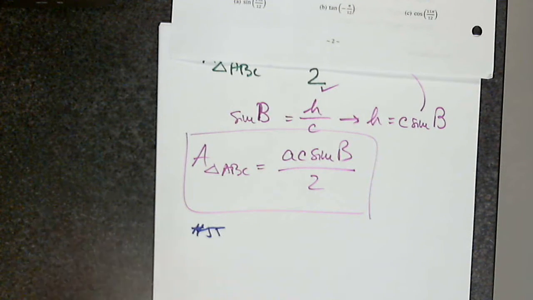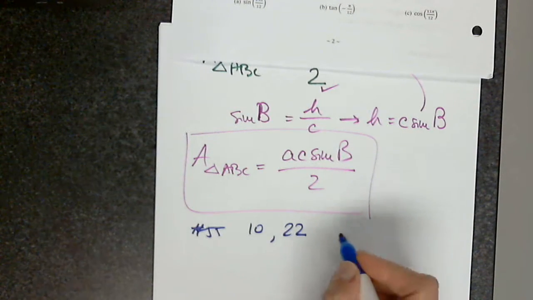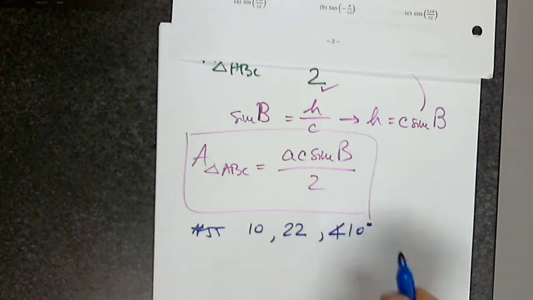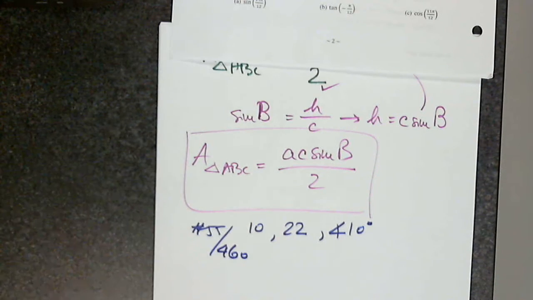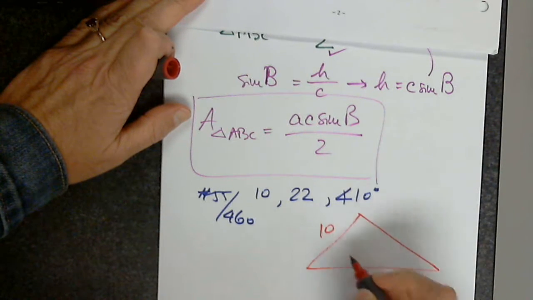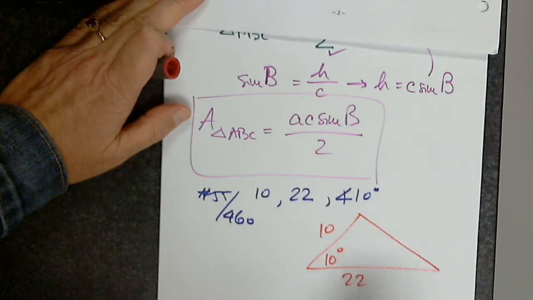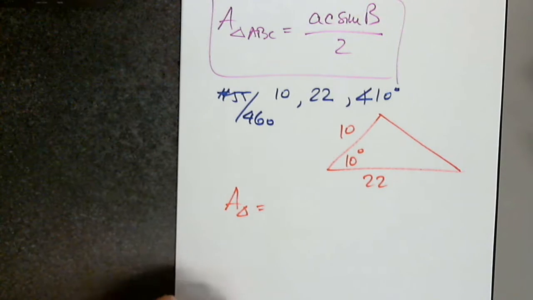Find the area of a triangle with sides of length 10, 22, and the included angle 10 degrees. So this is problem 55 on page 460. Ready? Yes. So we have a triangle, and we are told that this is given to us: 10, 22, and 10 degrees, and they're asking us to find the area of this triangle.